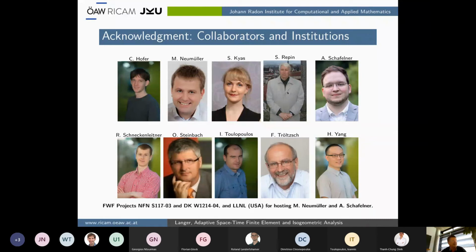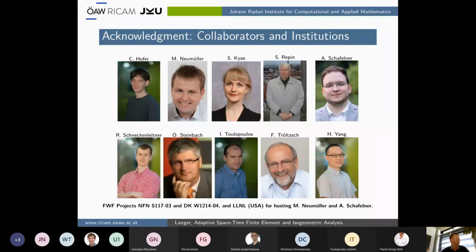So I will discuss also this. Freddy Tröltzsch is well known in the optimal control community, and he wrote a famous book. Olaf Steinbach from Graz, with whom I also have a long cooperation, and the other people were working as postdocs or PhD students in my group. For instance, Christoph Hofer, who is now working with the RISC company.